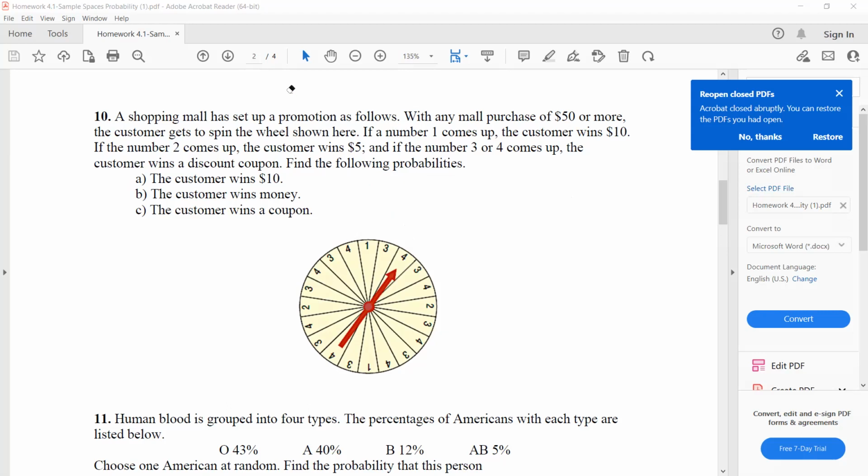My scroll doesn't want to work right now, which I'm not sure why. There we go. It's asking us about blood type. I should be sharing the screen, give me a moment.